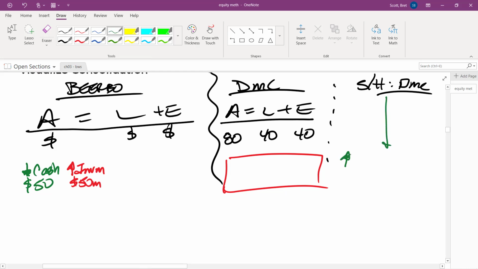The shareholders are getting cash of 50 million from us, right? And in return, what are they doing? They're getting rid of their investment in DMC. They have stock certificates in DMC, and they're getting rid of them for whatever their cost basis was.